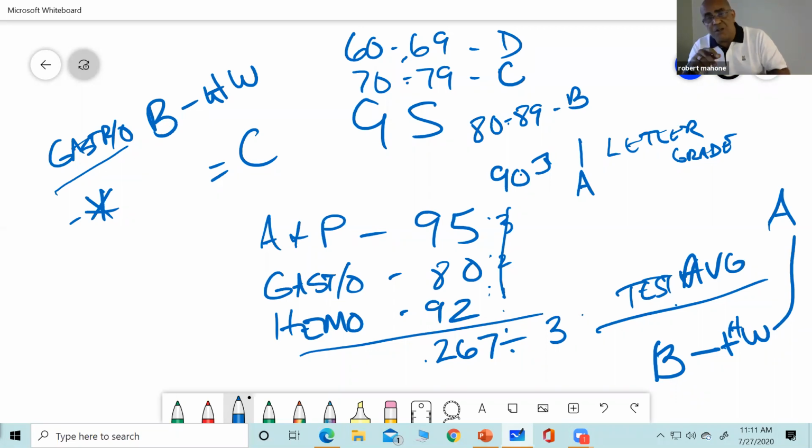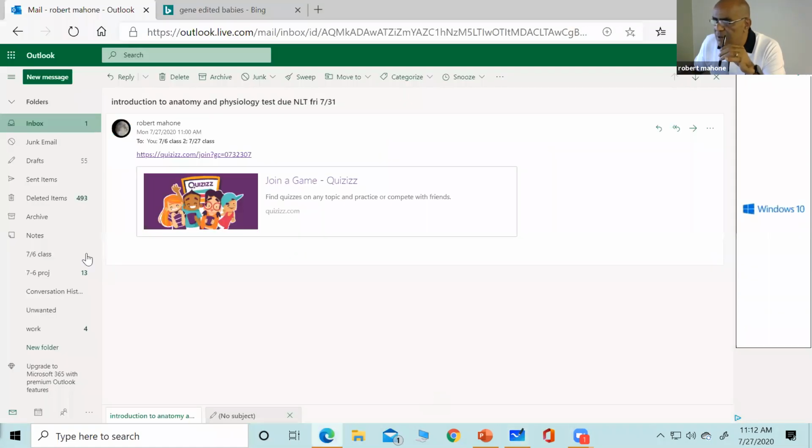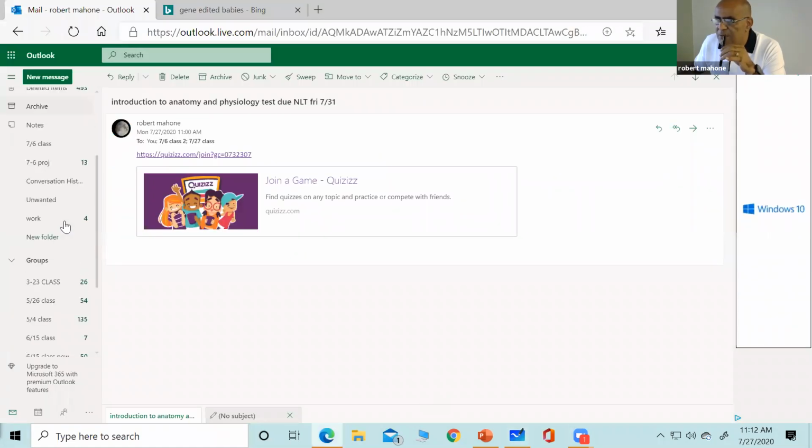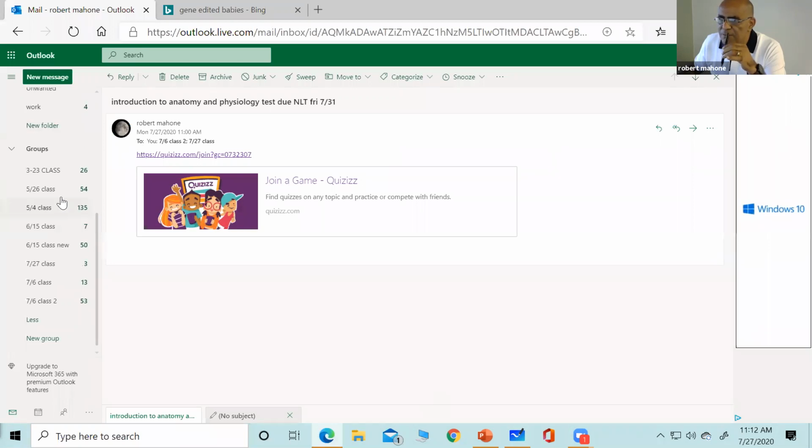The quiz is already activated. The email is already sent. Whenever you get emails from me or any of your teachers, the best thing to do is stick that in a folder and always keep your emails, so you can always go back in there. There was a student I needed to get in touch with last module, and I went back into my class folders down here.